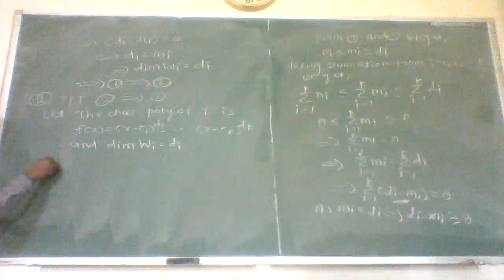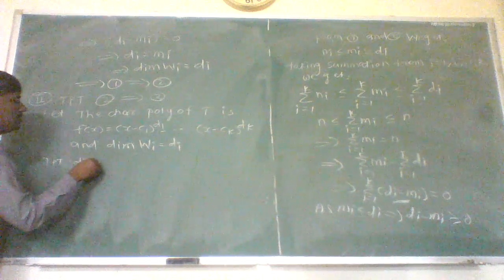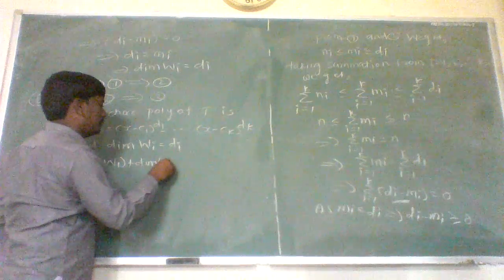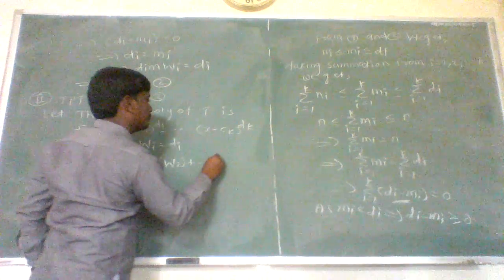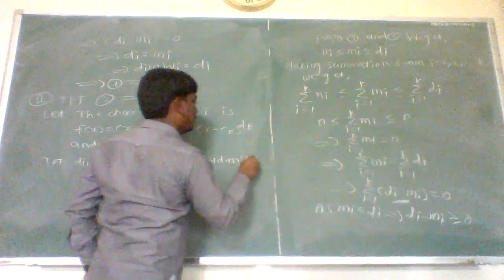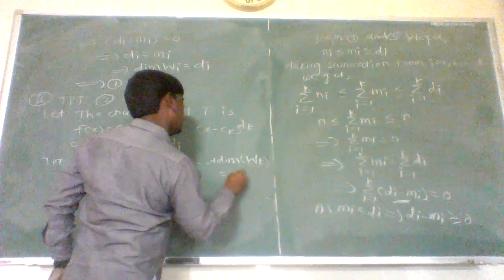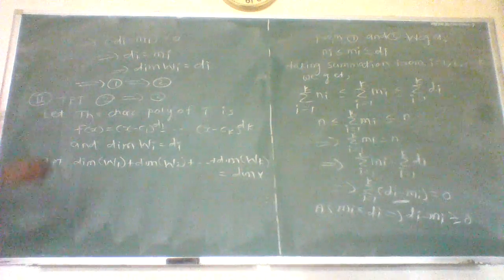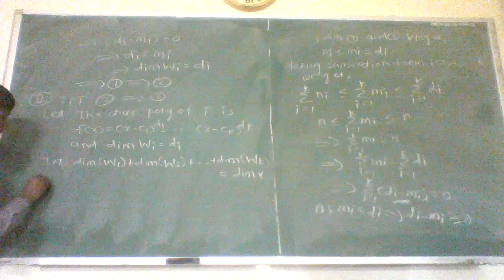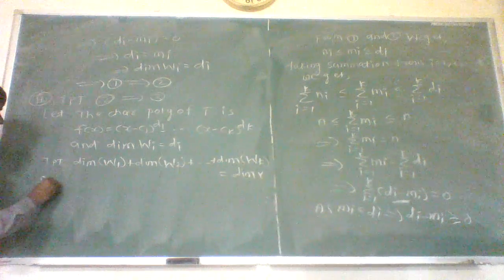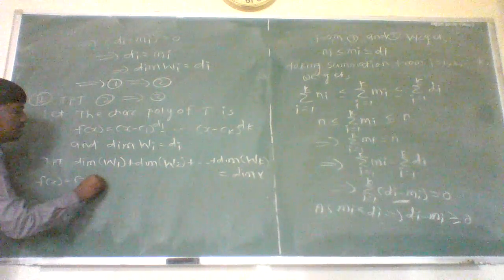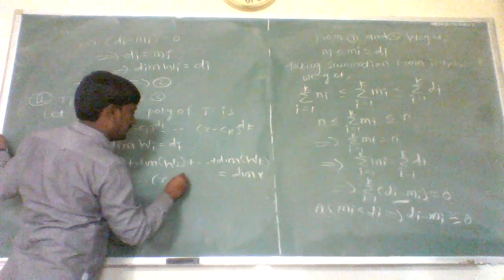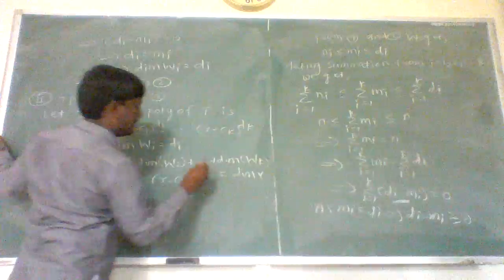Here we have to prove that the dimension of W1 plus the dimension of W2 plus up to the dimension of Wk is the dimension of the vector space V. Now the characteristic polynomial is f of x equal to x minus c1 to the power d1 into x minus c2 to the power d2 up to x minus ck to the power dk.